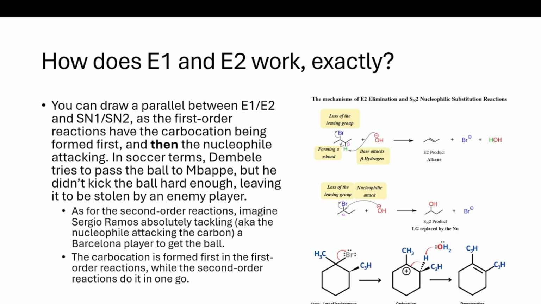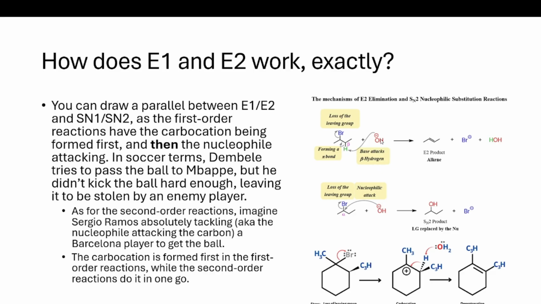Now, in addition to substitution reactions, I also wanted to talk about E1 and E2. So how exactly do we get said alkenes? So I already said that E1 and E2 occur when you have some sort of nucleophile that attacks the hydrogen. Say, for example, we have E2 elimination, right?